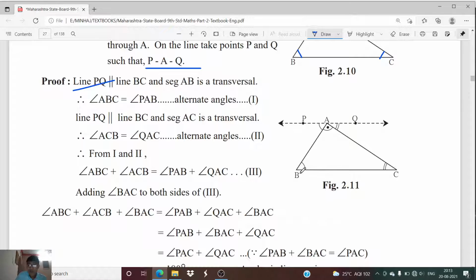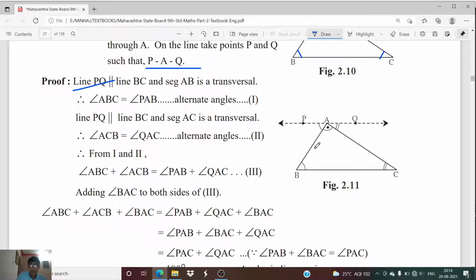First I am going to take this line AB as my transversal. In that case, this angle PAB is equal to angle ABC. As we all know, whenever two parallel lines have a transversal, the alternate angles are going to be equal.